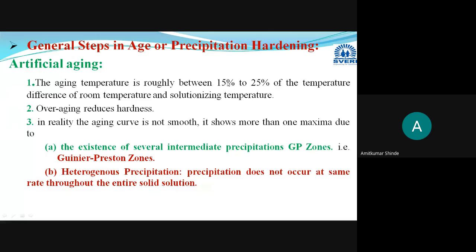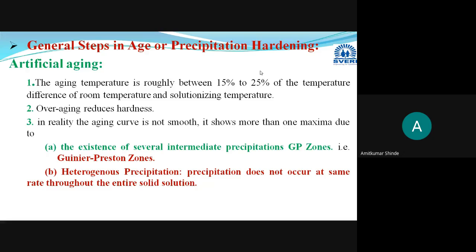Then you have to consider 15 to 25% of that value. You can directly consider 25% of 600, which will be 150 degrees Celsius. That temperature you have to select for artificial aging, do the heating at 150 degrees Celsius, and after that you can do the cooling. That will be termed as the artificial aging.